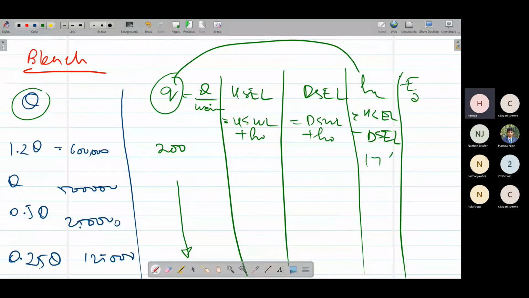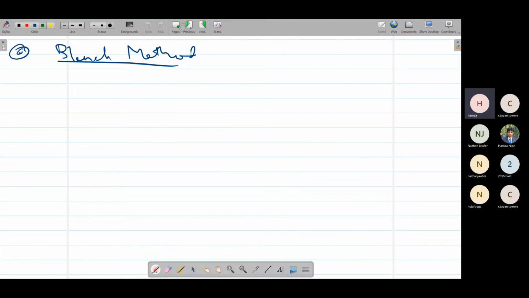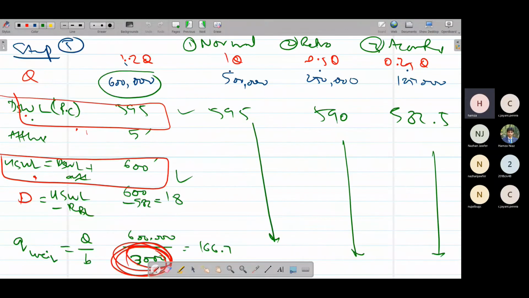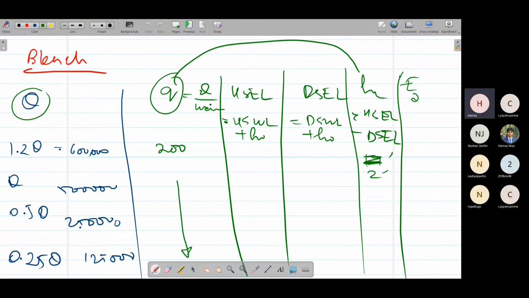Sorry, we have this HL value as 2 feet. The difference of downstream and upstream energy level will be small, not very large. Like this, we have an upstream water level of 600 and a downstream water level of 595, so approximately 5 feet. So we have 5 feet of head loss.